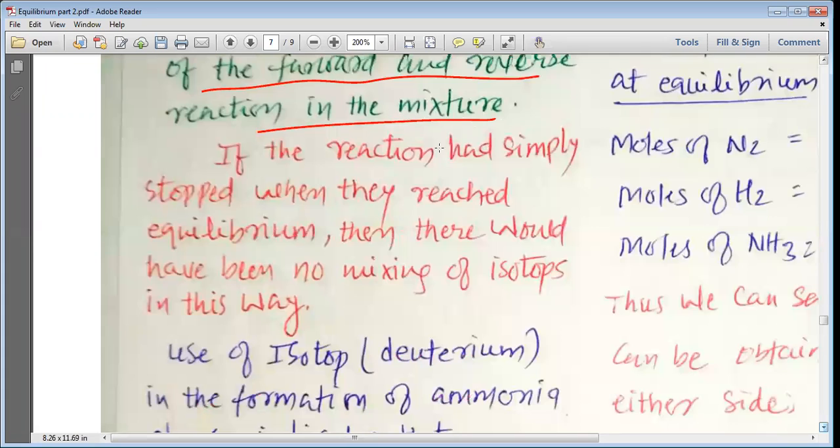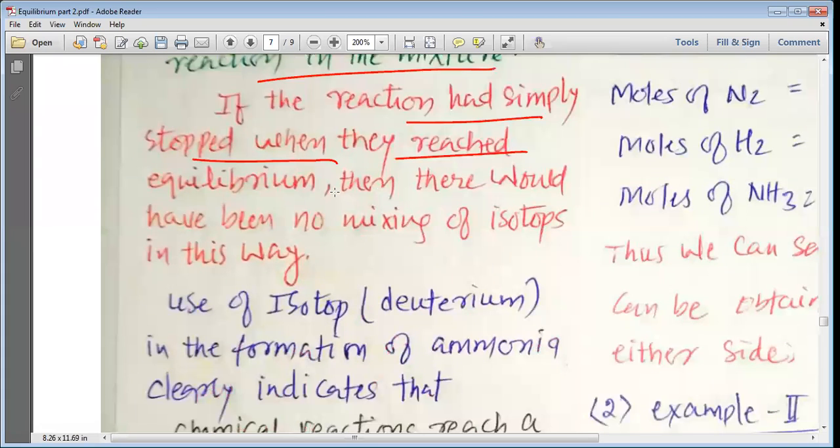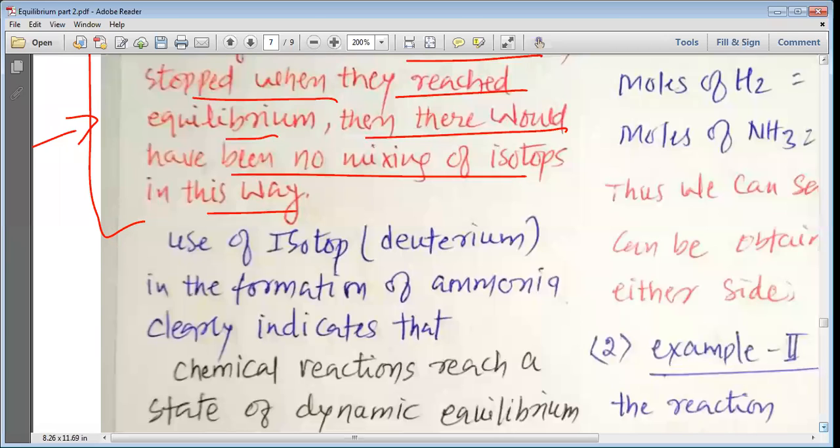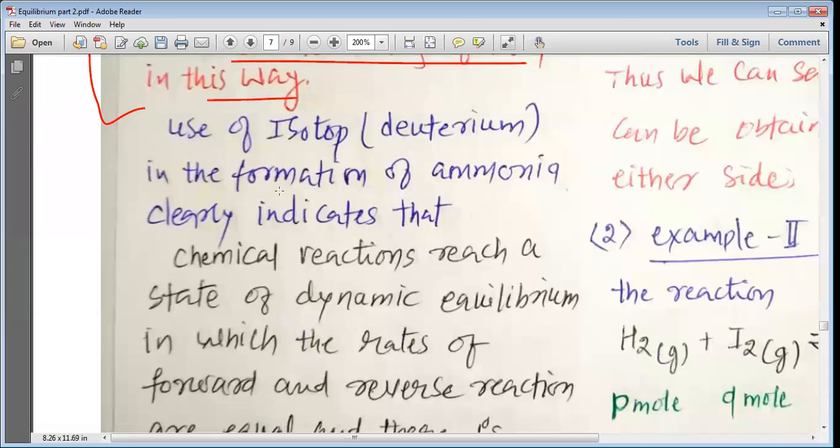If the reaction had simply stopped when they reached the equilibrium, then there would have been no mixing of isotopes in this way. My dear students, we would not have got all these other species, but we have got all the other species. It means that the reaction was going on even when the equilibrium had been established.